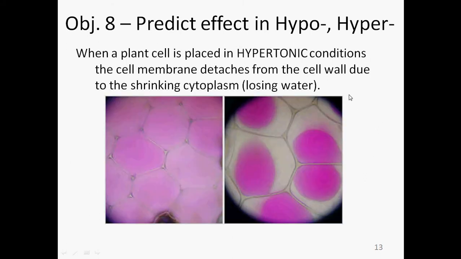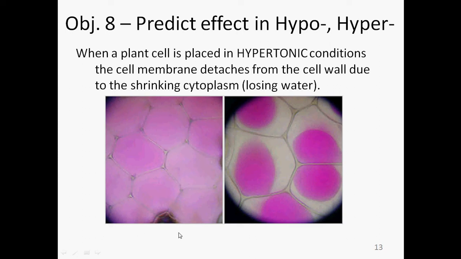So here's a picture of something that you should be able to see when we do this in class, but pretty simple. Here are two pictures, same picture but after time. Here's a picture of plant cells in a hypotonic solution or isotonic.